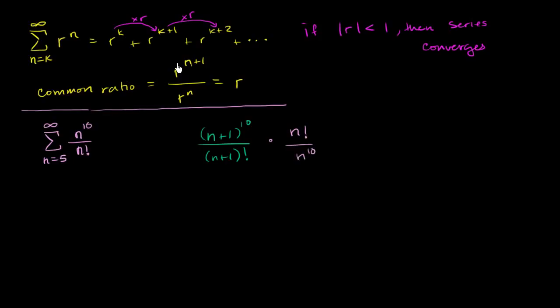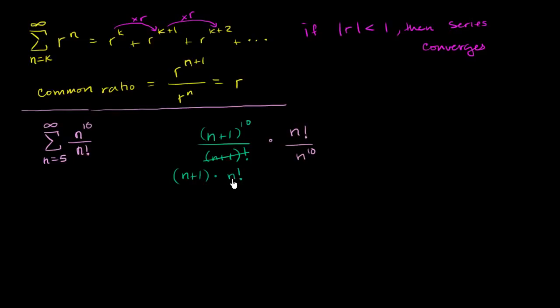Remember, all I'm trying to do is exactly what we did right over here: see if there's some type of a common ratio. Well, if we do a little algebra here, n plus 1 factorial, and factorial algebra is always fun, this is the same thing as n plus 1 times n factorial.